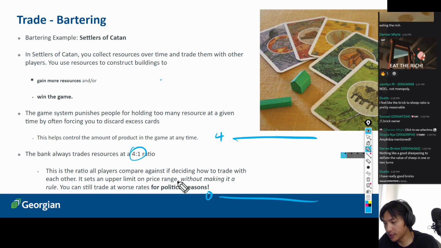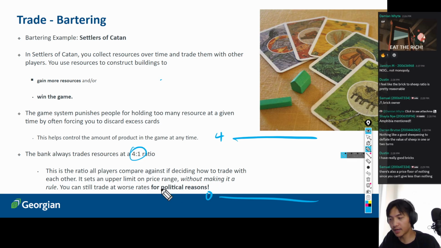If you want, for political reasons, for friendship or something like that, players could still choose to trade at a worse rate if they wanted. I don't know why, but they could. But this is quite elegant because the game doesn't say specifically you're not allowed to do this. The game just says, yeah, you can trade with players, and you can also trade with the game at a 4-to-1 ratio.